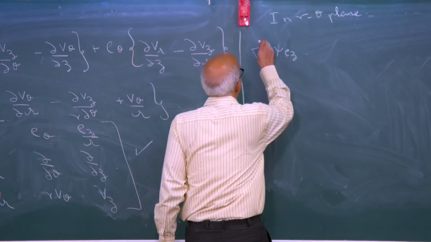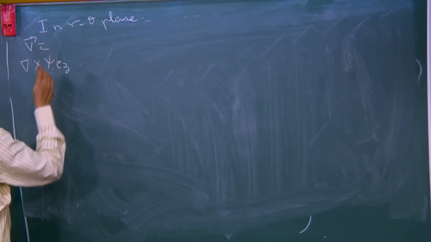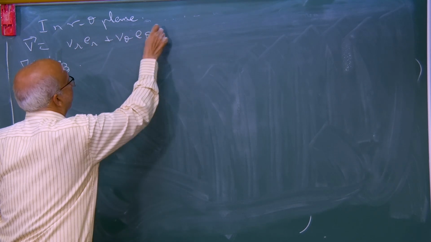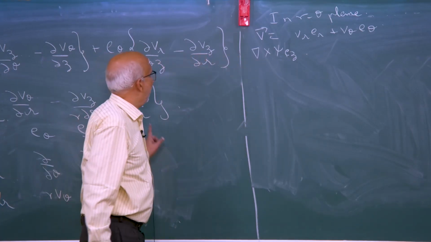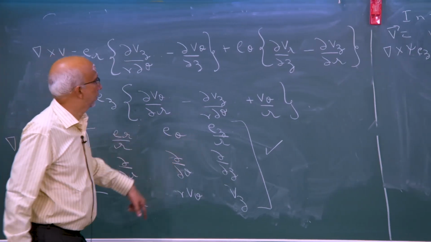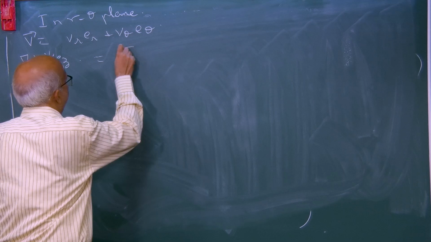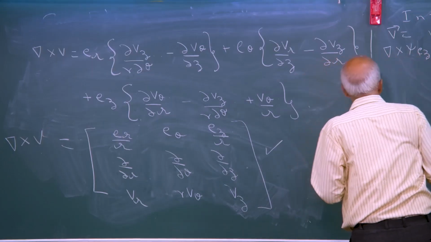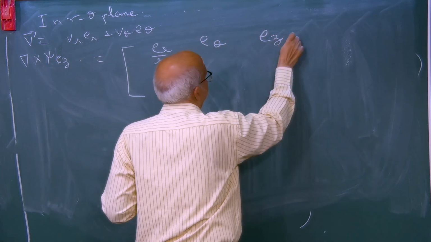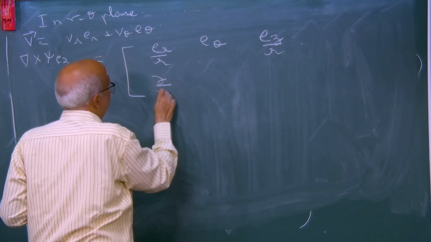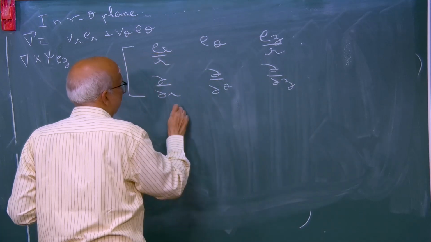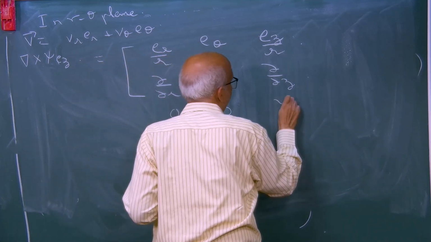So, this is equal to V, which is Vr er plus V theta e theta, and I am going to use this matrix representation for calculating the curl. So, what is curl of psi? er by r, e theta, ez by r, d by dr, d by d theta, d by dz, and 0, 0, because the vector has only the third component.